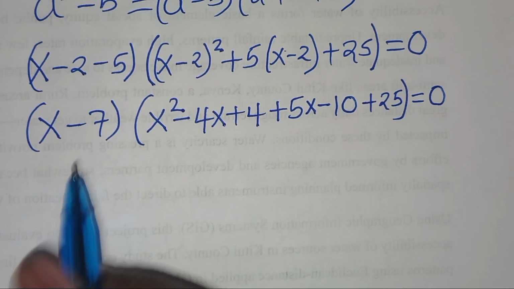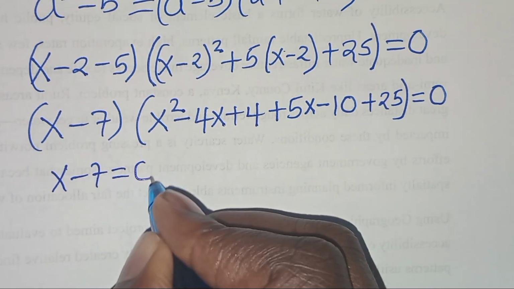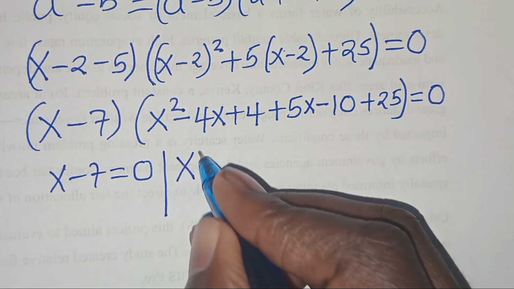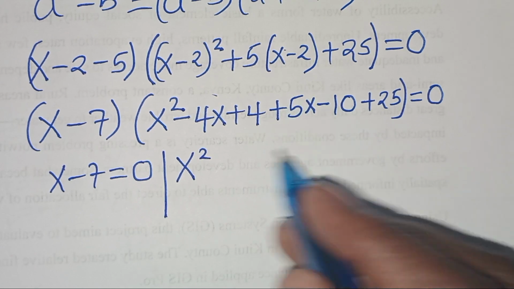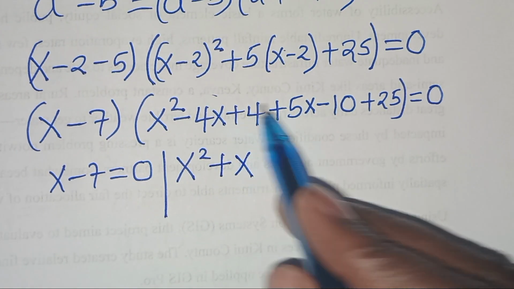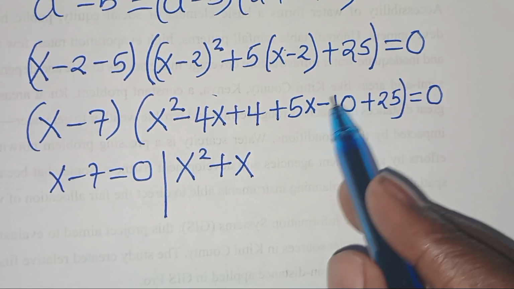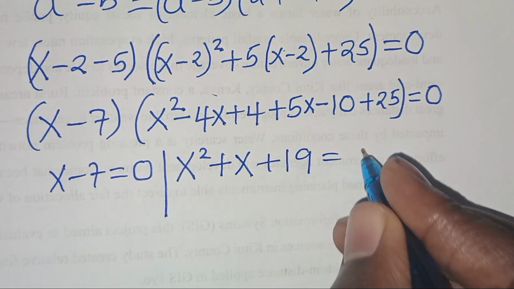So we have two parts here. The first part is x minus 7, this is equal to 0. The second part here is x to the power 2. We have minus 4 plus 5, so this is plus x. Then we have 4 minus 10, which is minus 6. Then minus 6 plus 25, this is plus 19. This is equal to 0.